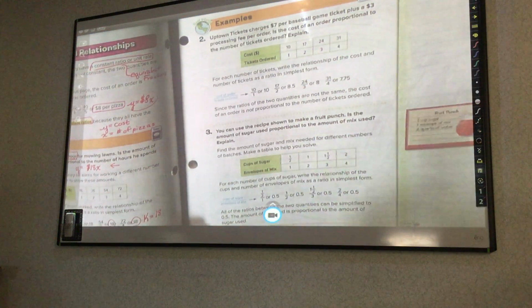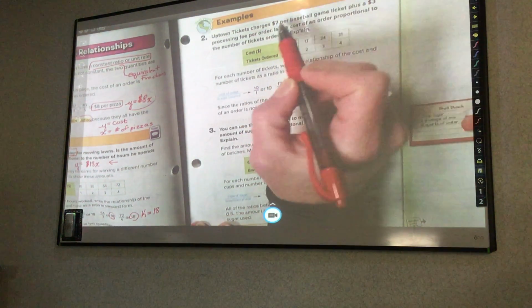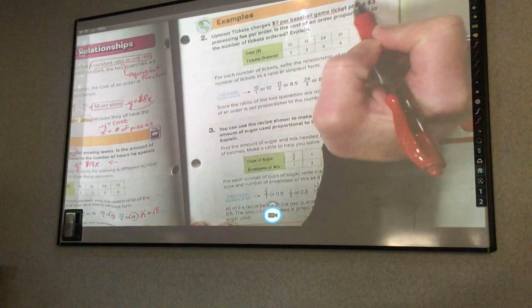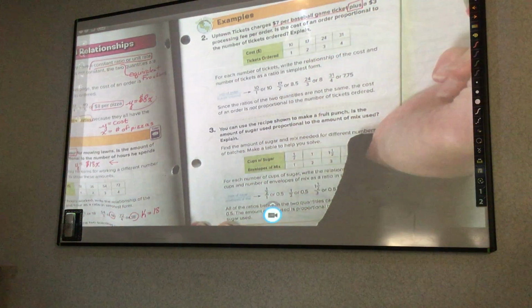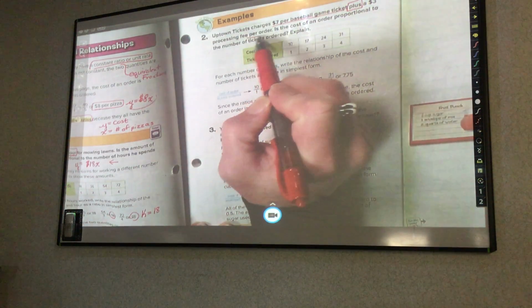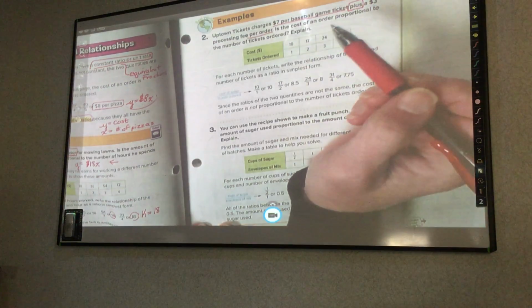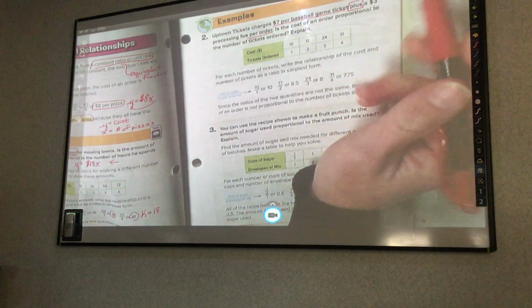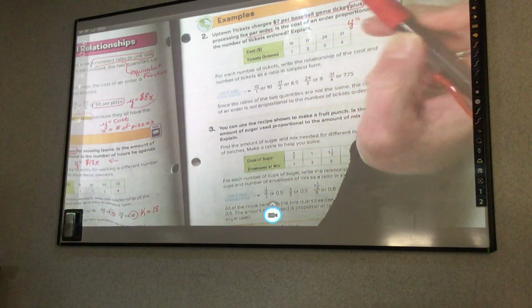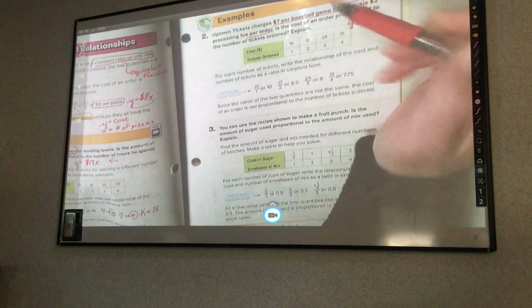Uptown Tickets charges $7 per baseball game ticket, plus a $3 processing fee per order. If I just want to start by writing an equation for this, this would be y equals, it's $7 per ticket, right?